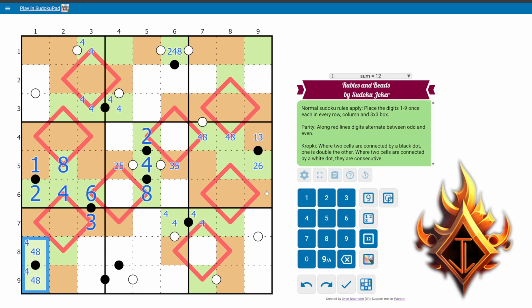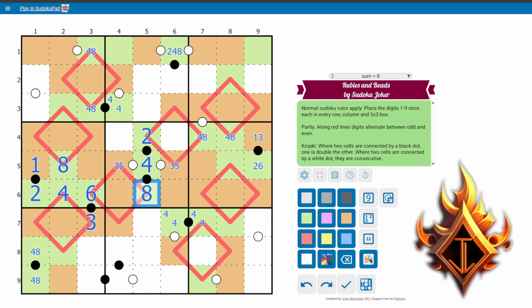4 will be with 8. So 8 will be comboing with 4. This will become 3, 5, 7, 9. Six is in one of those, so it is in one of these, which makes both of these odd.